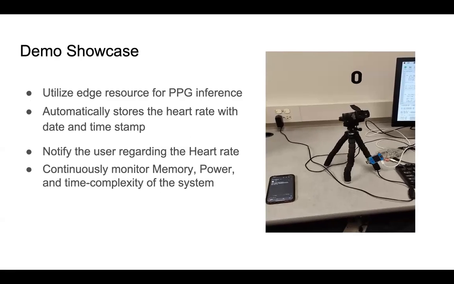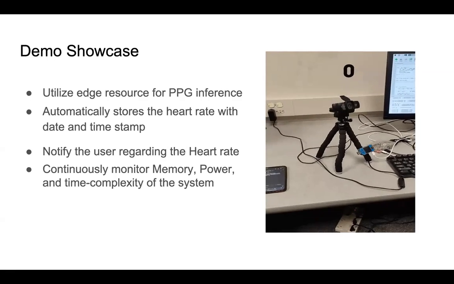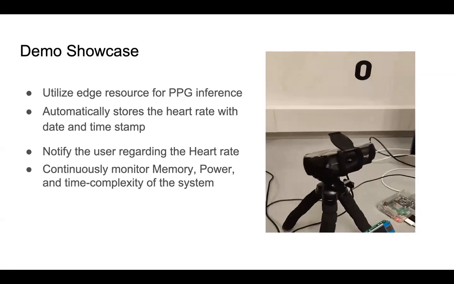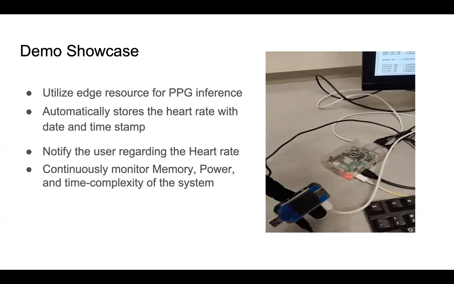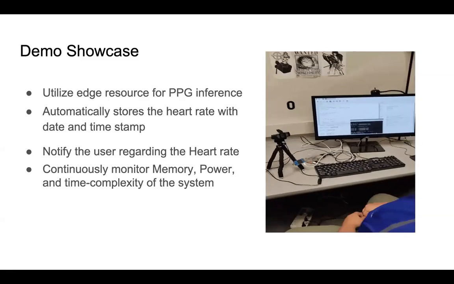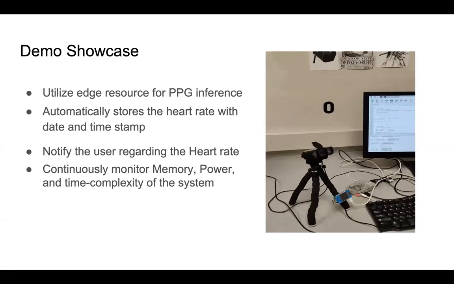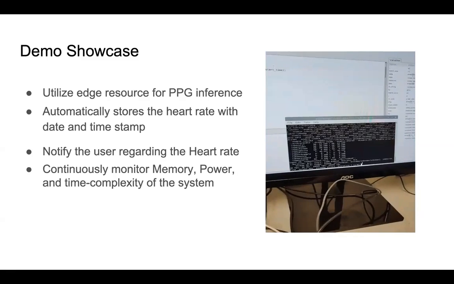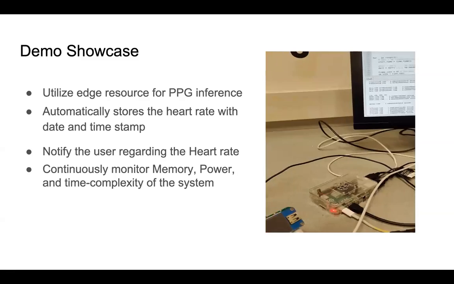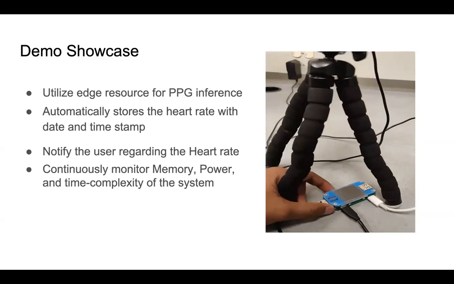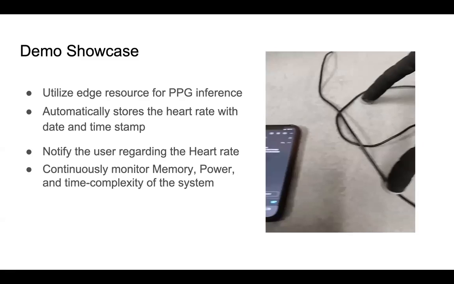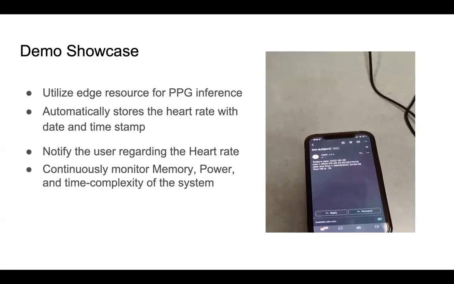Here you can see a demo version of our work, where you can see our RhythmEdge is working. First, the subject is placed within 3 feet of the webcam, and upon running the bash script, you can see the video is being automatically captured, and 22 seconds of data are being used for rPPG inference.